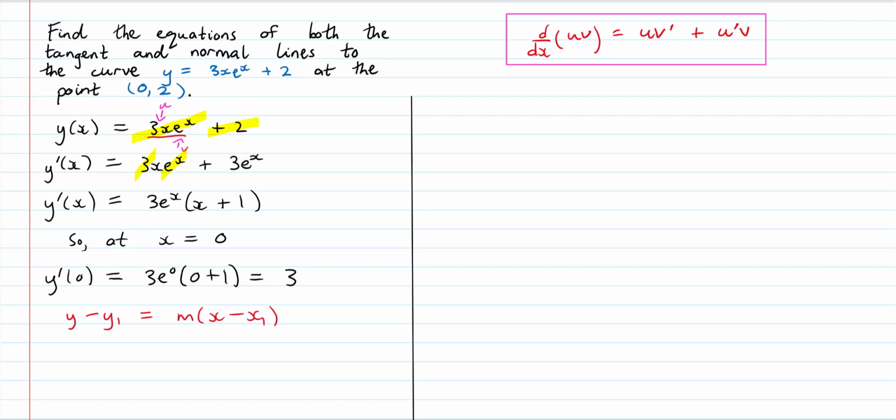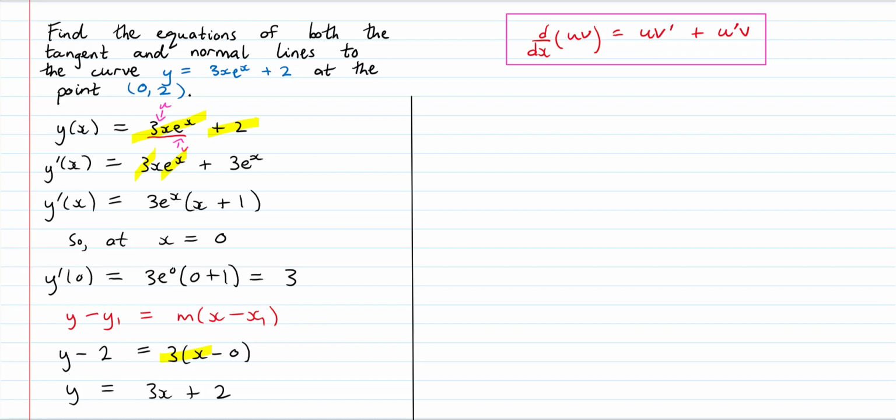So for our tangent line, we're going to have y minus 2 is equal to, well, our gradient is 3, and then x minus 0. Simplifying and rearranging, we add the 2 to the other side and expand this bracket, so y is equal to 3x plus 2. So that is the equation of the tangent line to the curve at the point 0, 2.